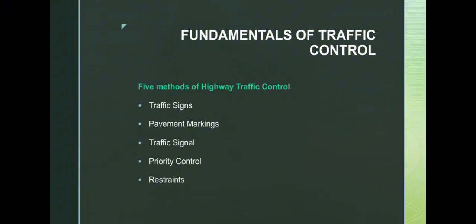One example of this is in the first century, when Roman Emperor Julius Caesar banned wheeled traffic from Rome during daytime, which allowed pedestrians and horse riders to move freely around the city. For now, some modern cities ban or restrict truck travel through certain neighborhoods. This is what we call priority control.